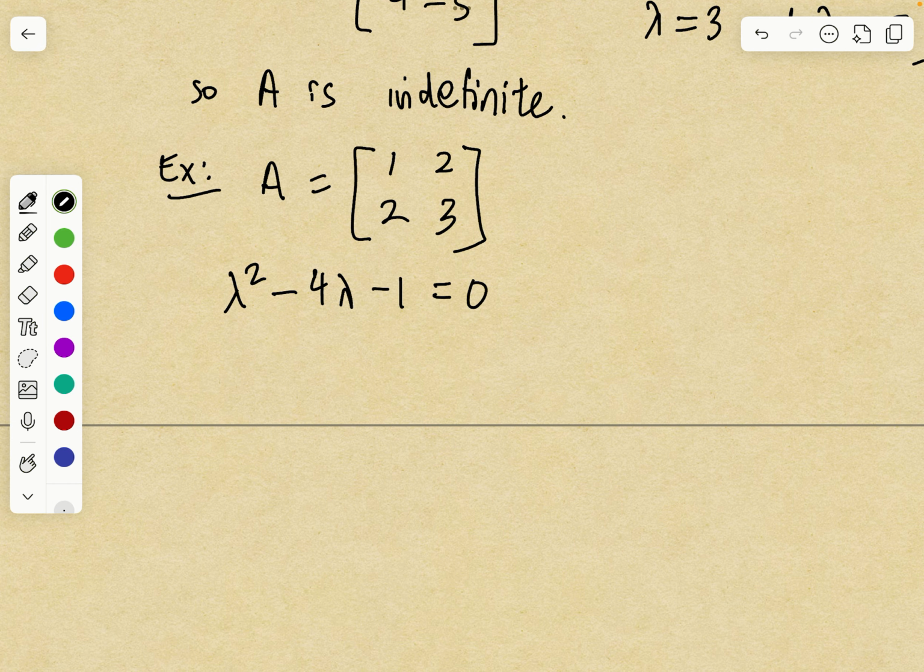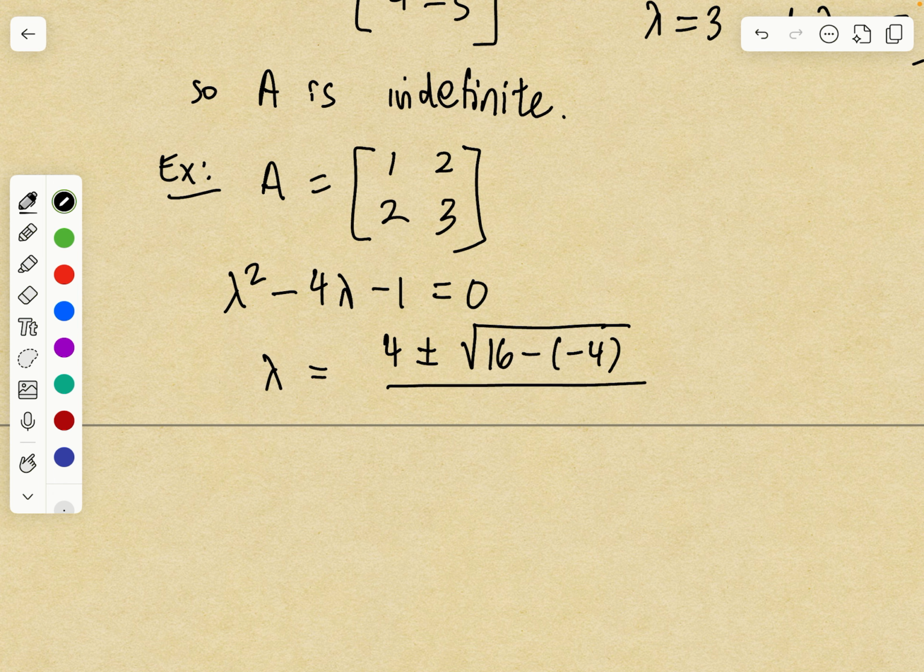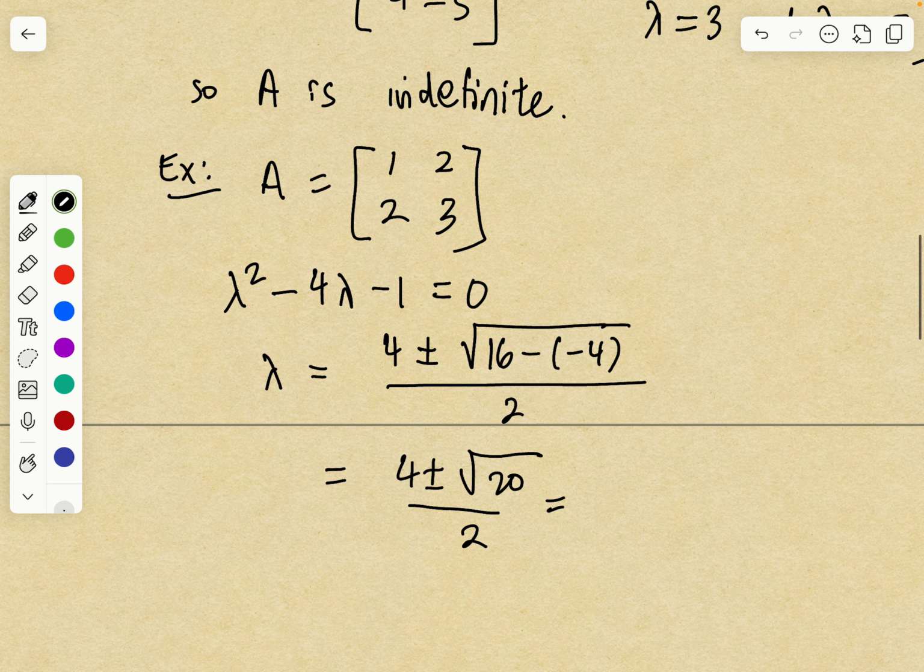If you set this equal to 0, then lambda is going to be, by the quadratic formula, 4 plus or minus the square root of b squared, that's 16, minus 4ac, that's negative 4, over 2a. So this is going to be 4 plus or minus the square root of 20 over 2. That's 4 plus or minus 2 root 5 over 2. And that's going to be 2 plus or minus root 5.